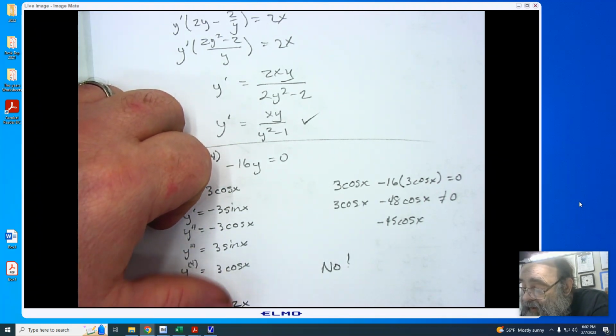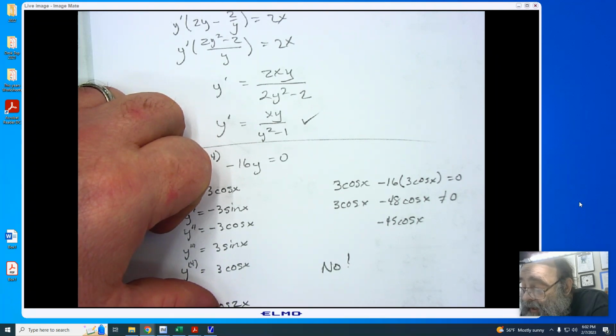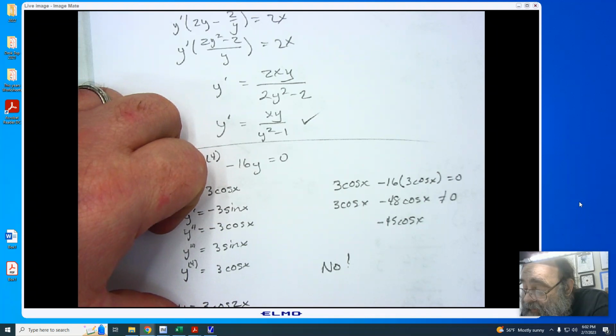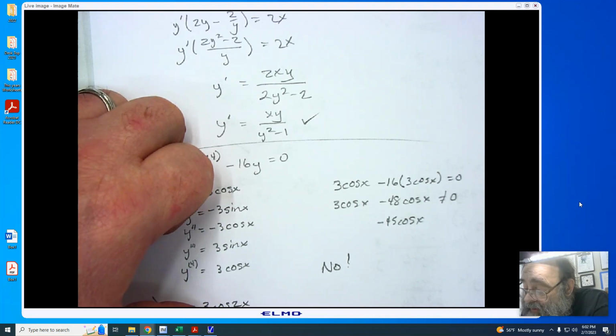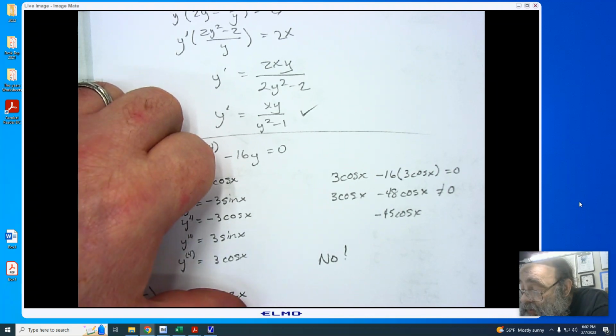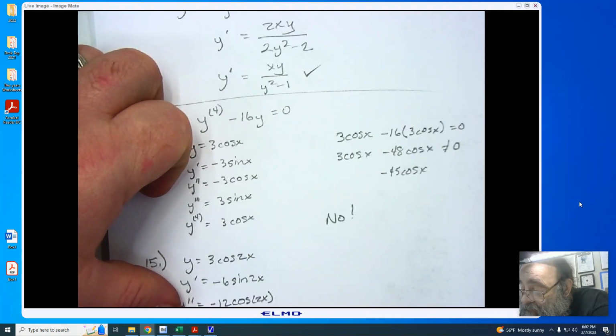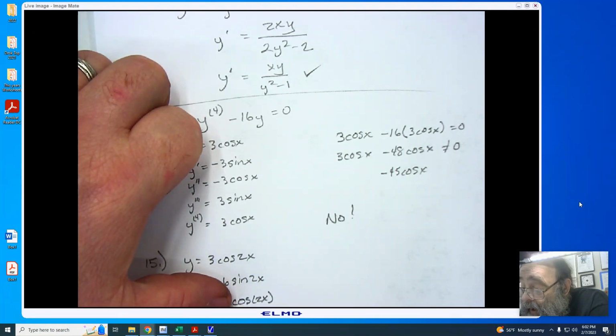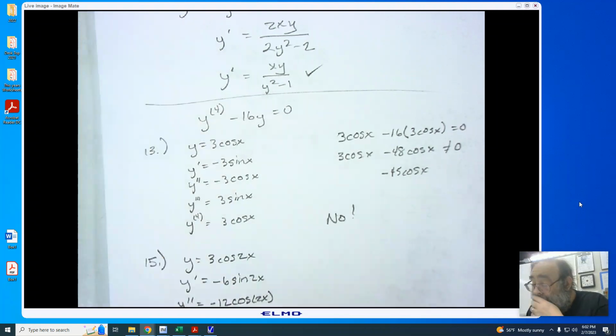Y second derivative is giving me minus 12 cosine 2x. Y third derivative is giving me positive 24 sine 2x. And then the fourth derivative is giving me 48 cosine 2x.